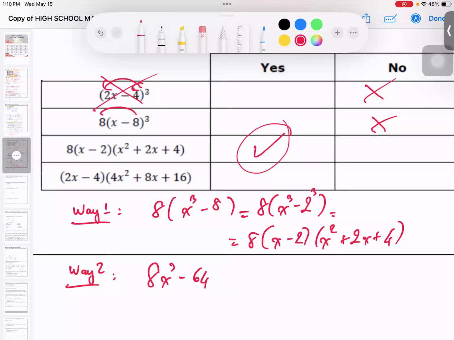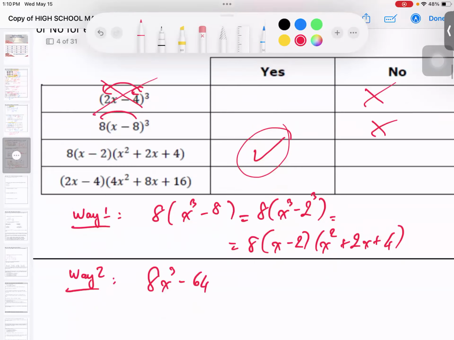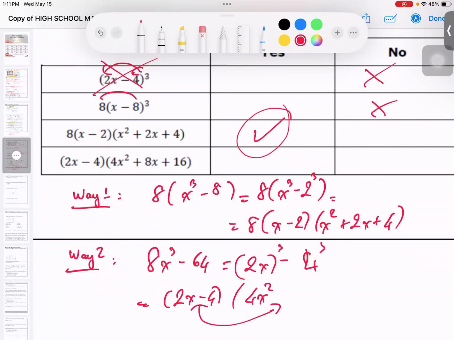All right, keep it down. One last one. Okay. Why are there 2 yes answers right here? We're gonna explain to you. There are 2 ways. One way is you convert the whole thing into cubes. So 2x cubed minus 4 cubed. So that becomes 2x minus 4, times the square, opposite sign, multiply together. This is always plus. 4 squared is 16.